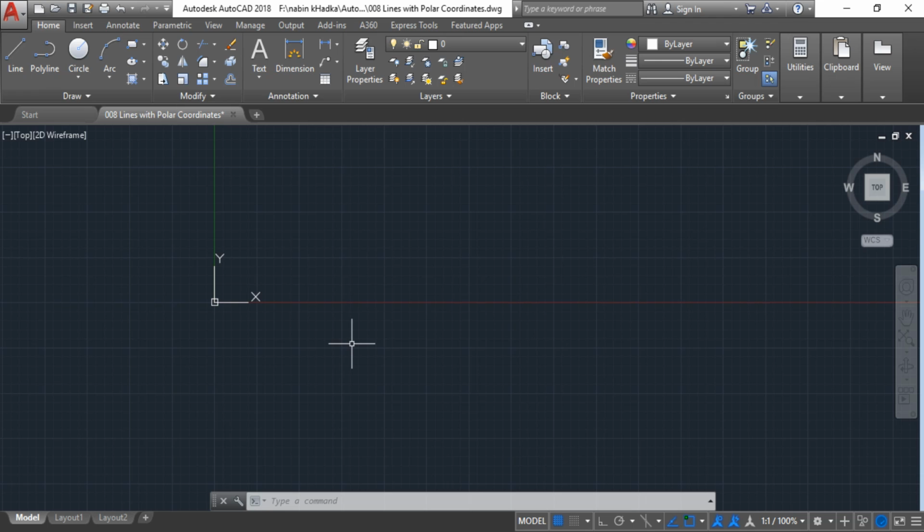Let's start the line again. As I told you, we need to make a line that is inclined at an angle of 45 degrees and has a length of 50 units. So let's specify the first point here.